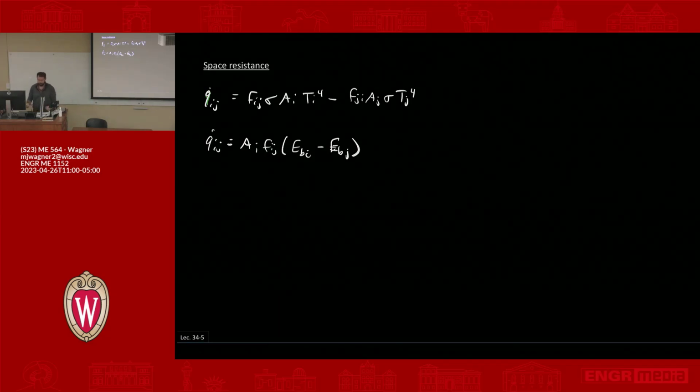So we can rewrite this and say, okay, this is actually something like Q dot ij is equal to E_BI minus E_BJ divided by some resistance. In this case, the resistance is not quite like what we're used to. It's not like heat transfer coefficient times area. It's a non-dimensional number, a fraction from 0 to 1, times an area.